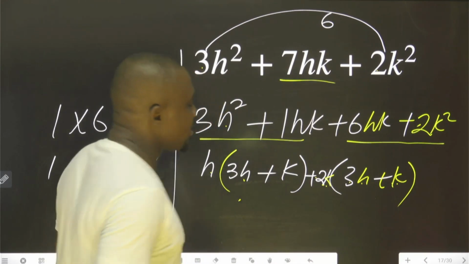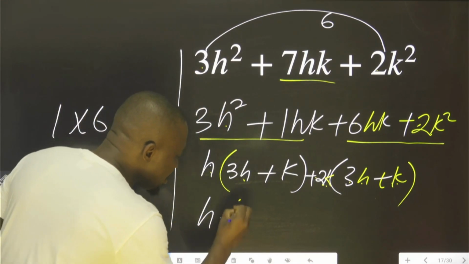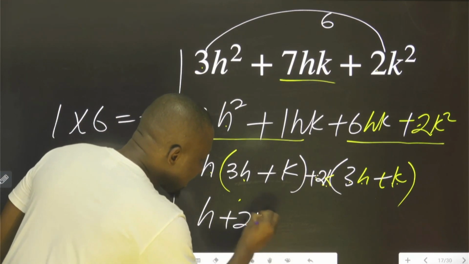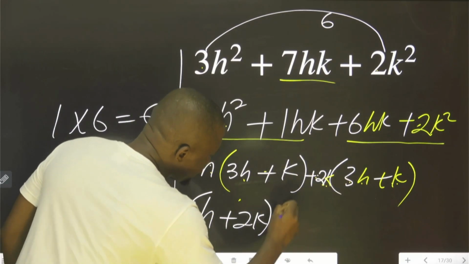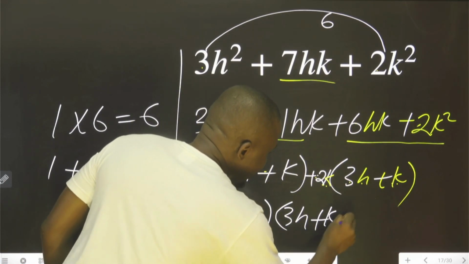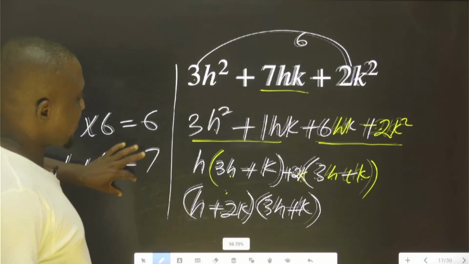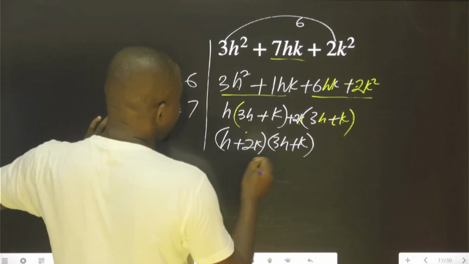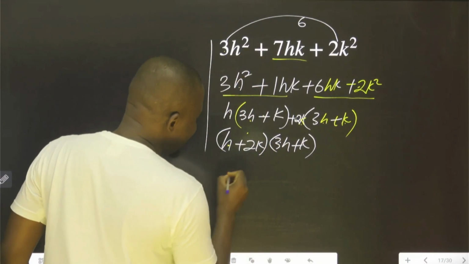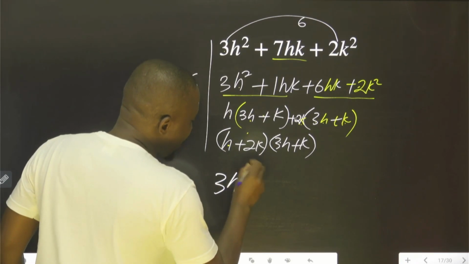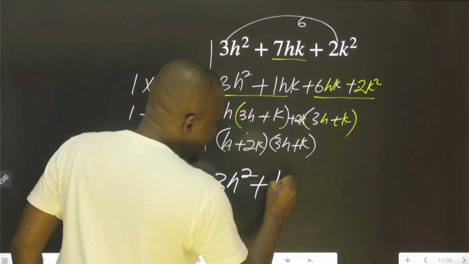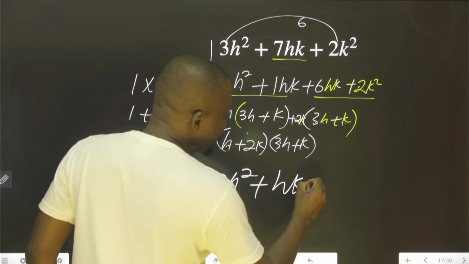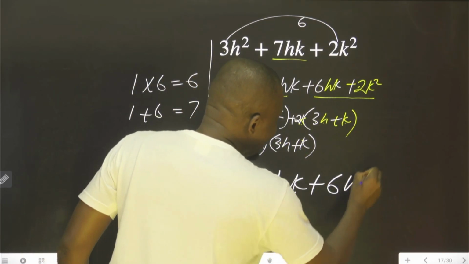Just put plus here. Now I can take this h, I take this 2k, then I take one of them out: 3h plus k. If I expand this, I will still have this. This multiplied by this is 3h squared. This multiplied by this is plus hk. This multiplied by this is plus 6hk.